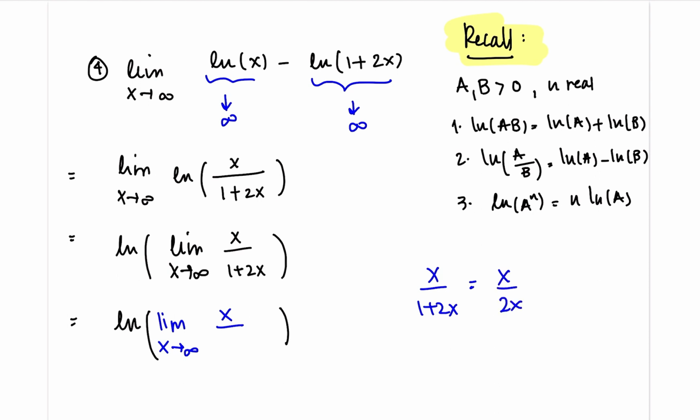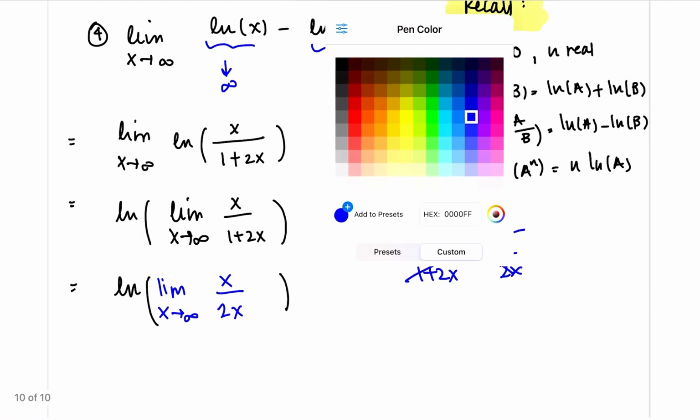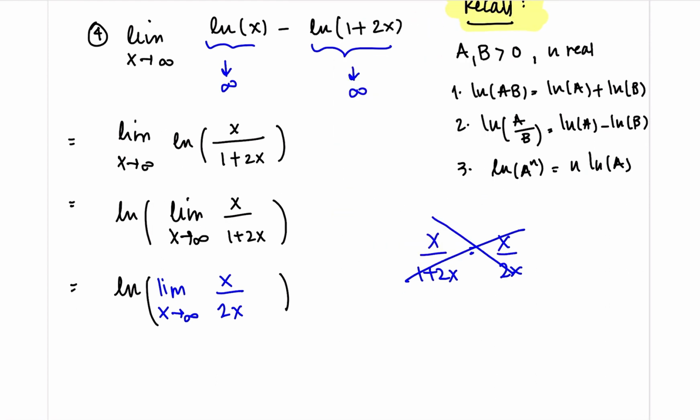This is only true in the limit, as x goes to infinity. Now, I'm just going to cancel this and this, and I get that the final answer, meaning the limit as x goes to infinity of the natural log, this whole thing, is equal to the natural log of 1/2.